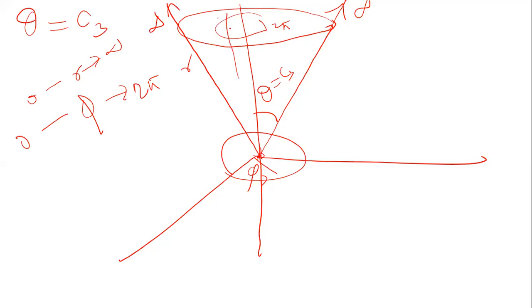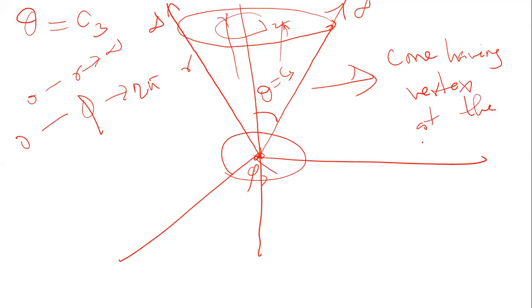So you will find that this will be a cone having its vertex at the origin. Actually, it's an infinite cone. It extends up to infinity, right? Infinite cone. Now, theta equal to c3, as you see, is an infinite cone having its vertex at the origin.